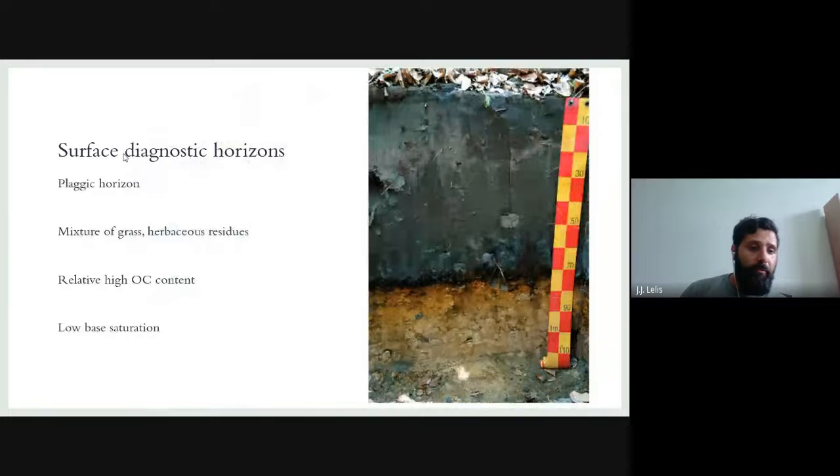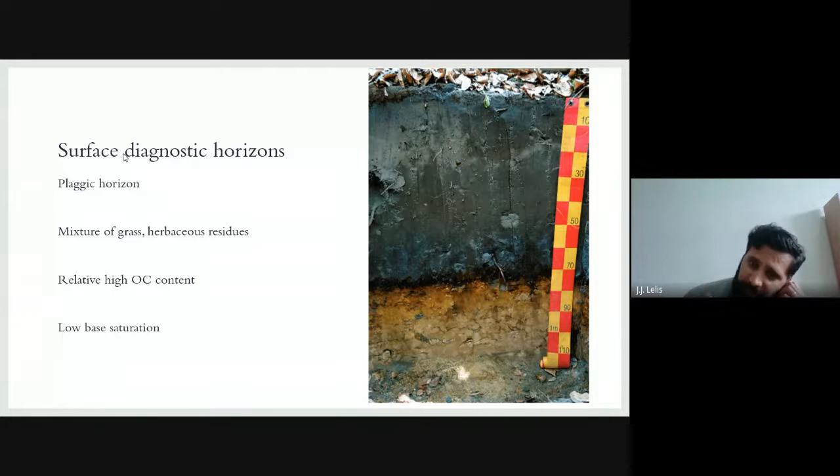We have another surface diagnostic horizon. It's the pelagic horizon, and the pelagic horizon is composed of a mix of organic materials in the surface. It's quite common in Europe, especially in ancient soils. They are not related to incorporation of limestones and mineral materials.